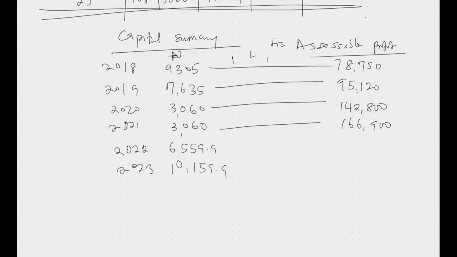Our computation was for 2023. So I can't see profit for 2022. Oh, sorry. What they wrote here, they wrote year ended. Schedule of payroll, year turnover and assessable profit, year ended 31st December. Okay, so that means the first one is for 2019.